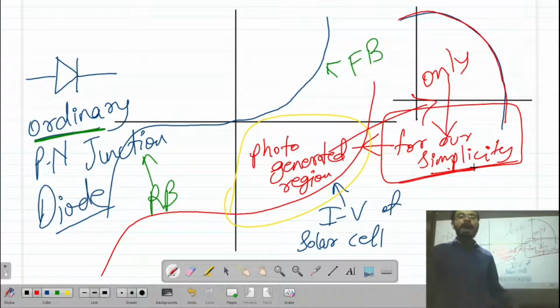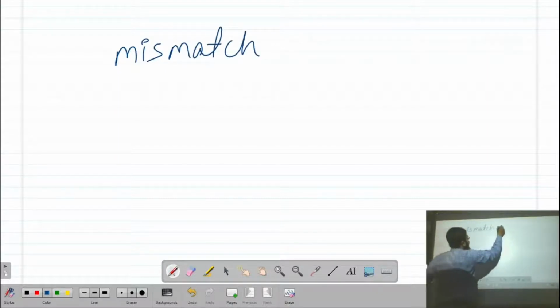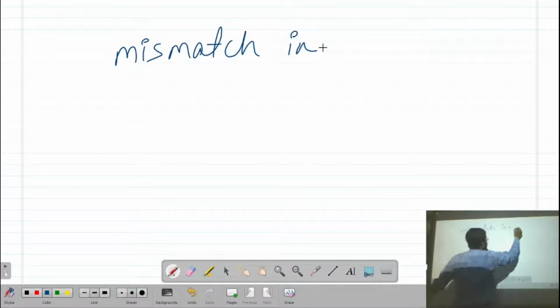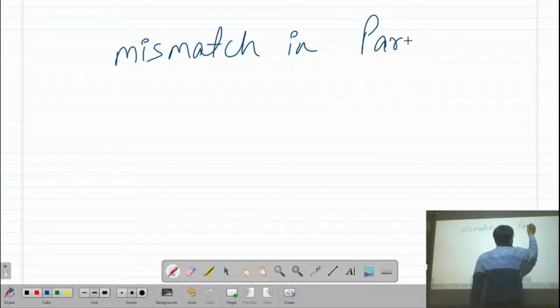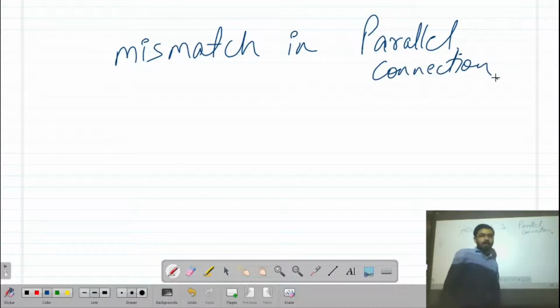Now let us go back to our topic, that is mismatch in parallel connection.